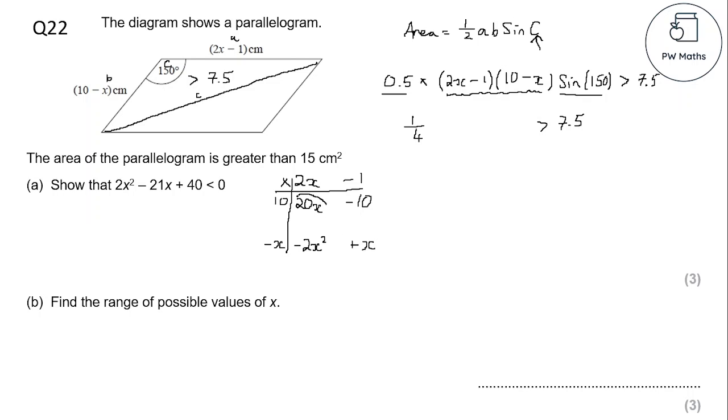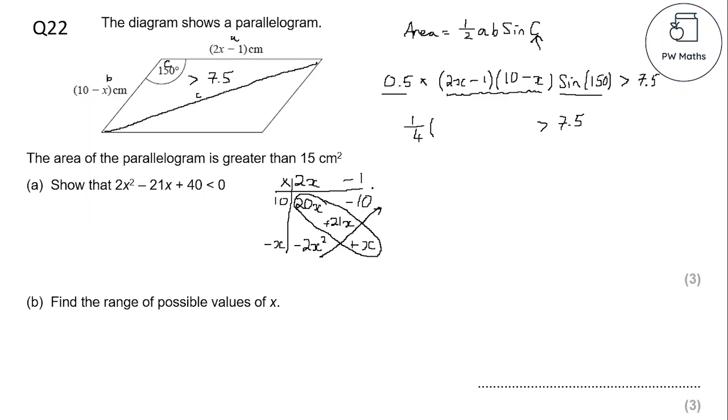Really unusually with this grid, it's these two that add together to give me a nice positive 21x, and my answer very strangely goes diagonally the other way. It's because the 10 minus x is written the strange way around.